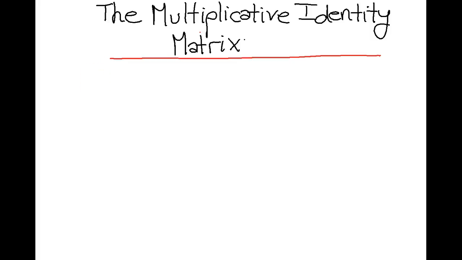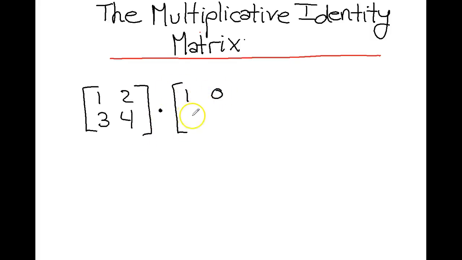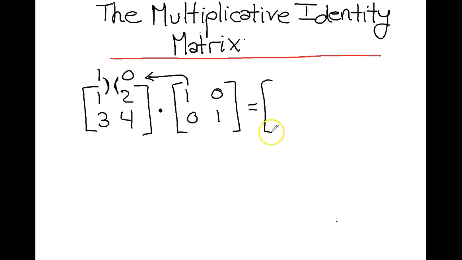So let's create a test case here, and we're going to use a 2 by 2 for simplistic sake. We are going to multiply the matrix 1, 2, 3, 4 by the 2 by 2 identity. And in class, I've always used this method to multiply. I pull out my top row and I multiply these two numbers and these two numbers, and I add their products.